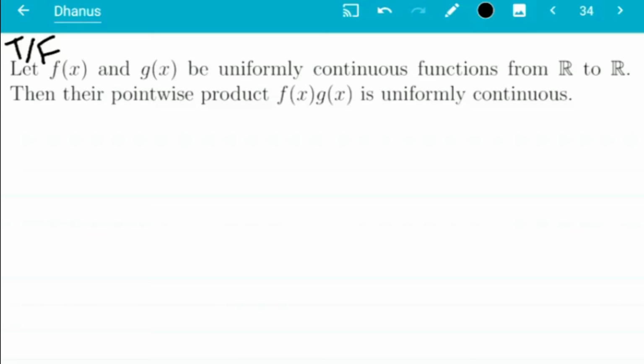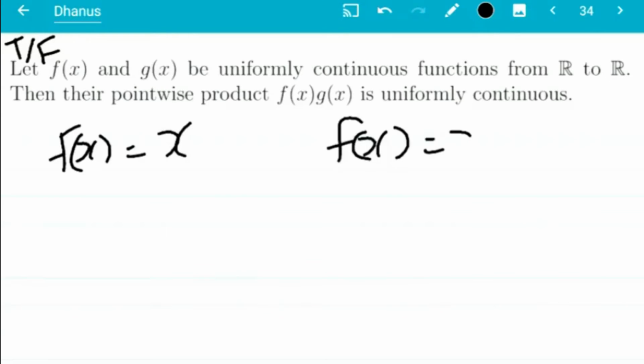We generally have learned some uniformly continuous functions, which are f(x) equal to x, which is a uniformly continuous function, and h(x) equal to x square, which is not a uniformly continuous function. Sorry, I'm using the same symbol.